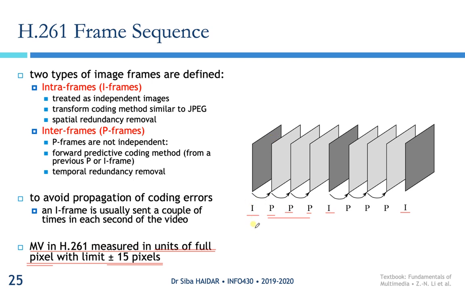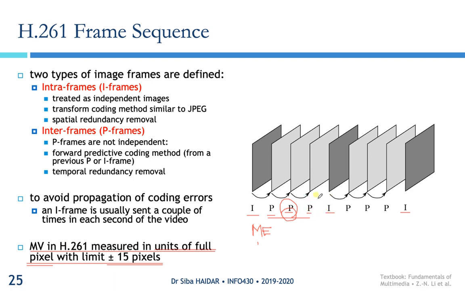It means I did the motion estimation and I sent only the motion vector and the differential error. I sent the I and then I sent the MV and the difference error. And then this next P, having the previous P decoded, I also code depending on the previous P, and so on.